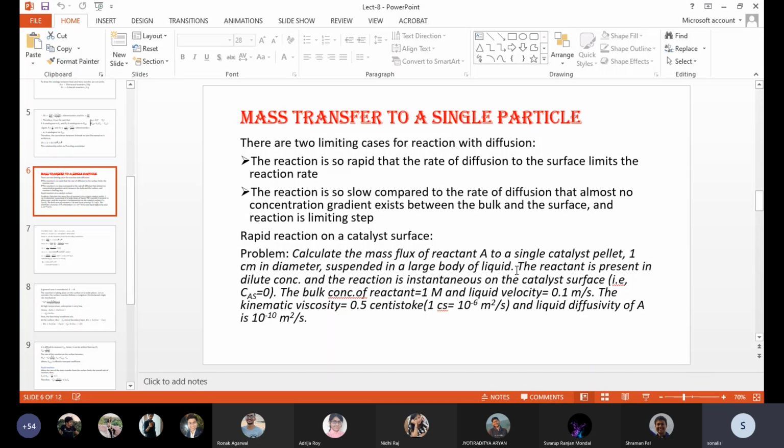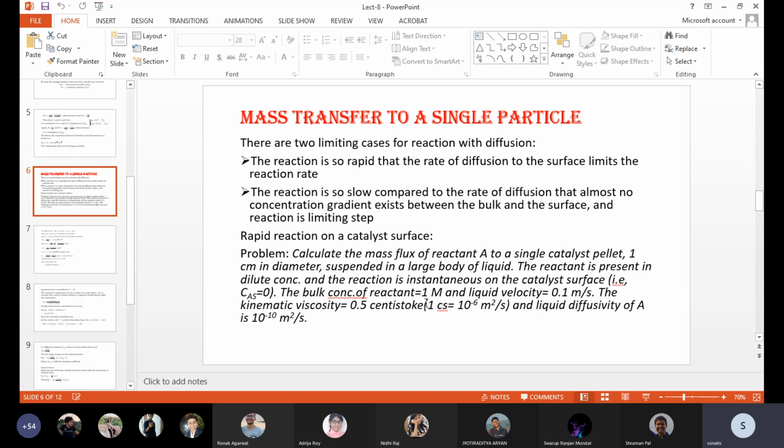The reactant is present in dilute concentration, and the reaction is instantaneous on the catalyst surface. That means very rapid reaction. As soon as A reaches the catalyst surface, the reaction occurs. That means CAS is equal to 0. Concentration on the surface at any time is observed as 0, because as soon as it reaches the surface, it gets reacted.